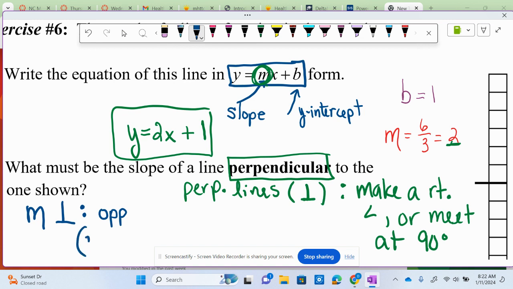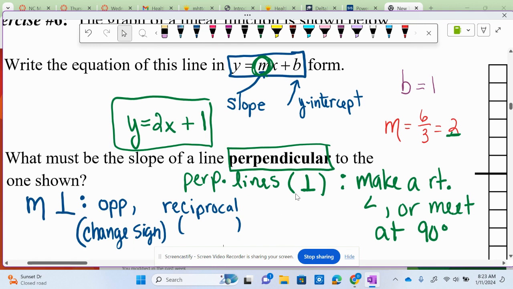So the word opposite means that I change the sign. Okay. And then they're also reciprocals. What does that word mean? Yeah. If you were to think of the slope as a fraction, like 6/3, what's the reciprocal of that?